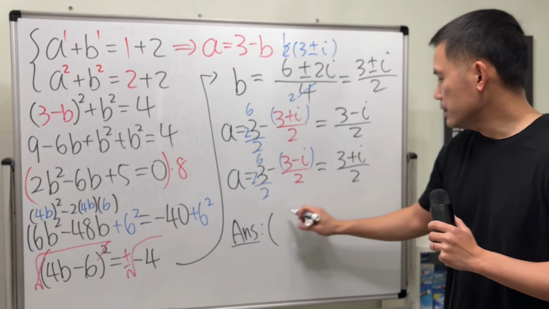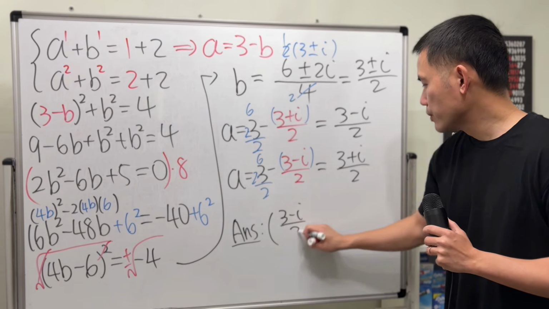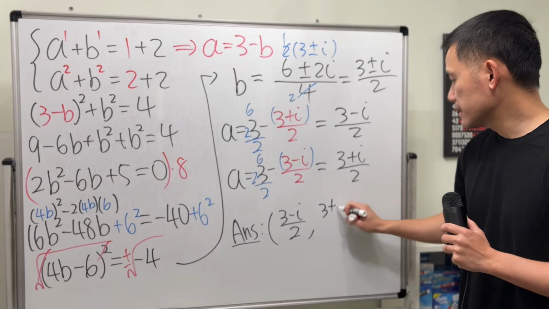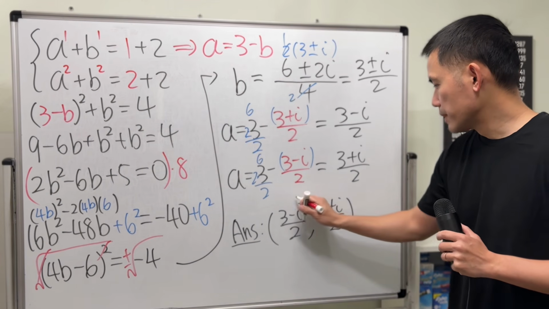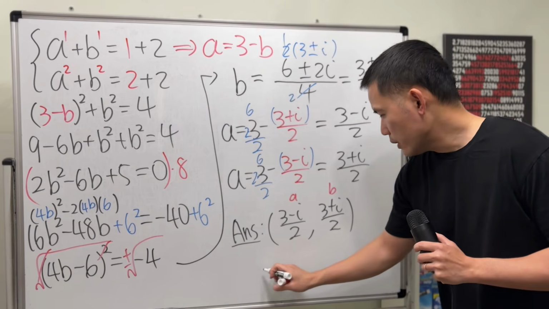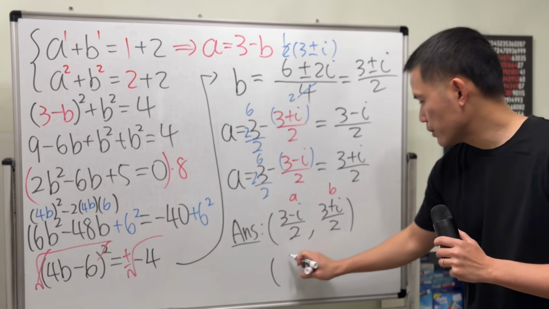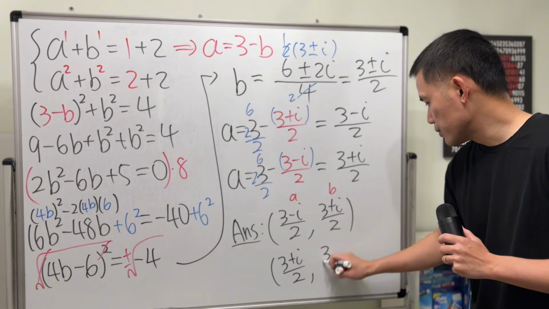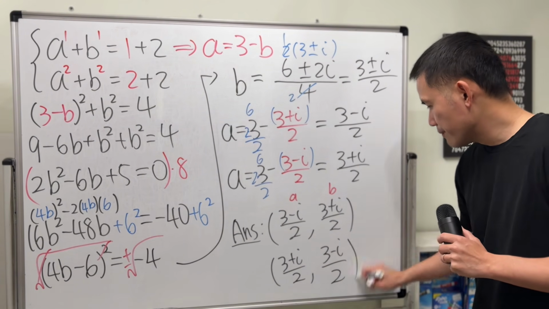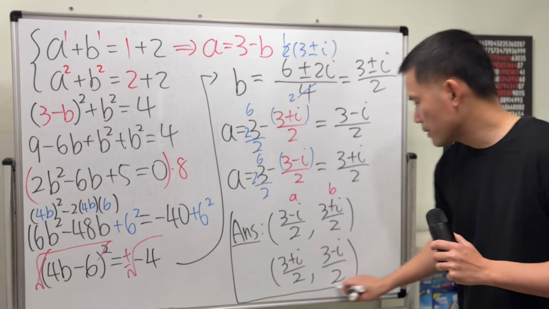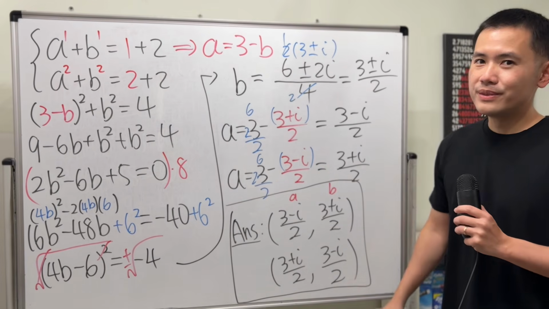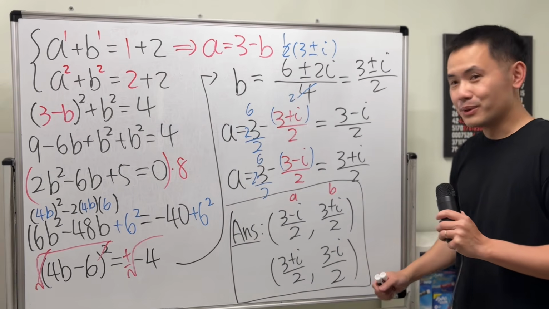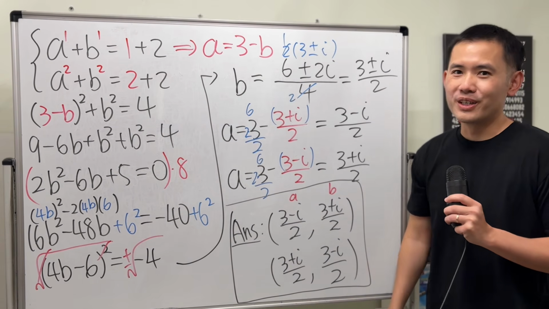When A is equal to (3 minus i) over 2, B is equal to (3 plus i) over 2. Remember, this is the A, this is the B. Or the other one is we have (3 plus i) over 2, and that's when B is equal to (3 minus i) over 2. Yeah, just like this. So this system of equations does have solutions, but it's just in the complex world. That's it.